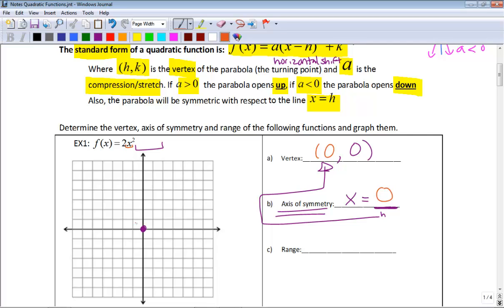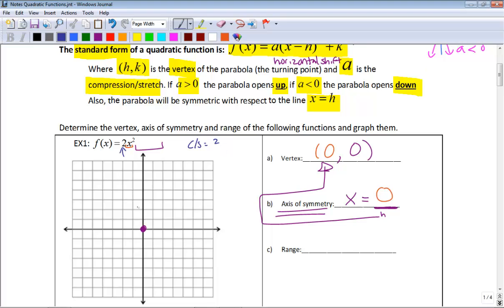If I take a look at this, I already have the vertex is (0, 0), right? That's the horizontal shift and the vertical shift that we can do so easily because we know transformations of functions. Then we have that 2 out in front. What's that 2? That 2 is our compression stretch. So that compression stretch tells us to go up 2, and then we're going to go left and right 1 to get that shape of a parabola.